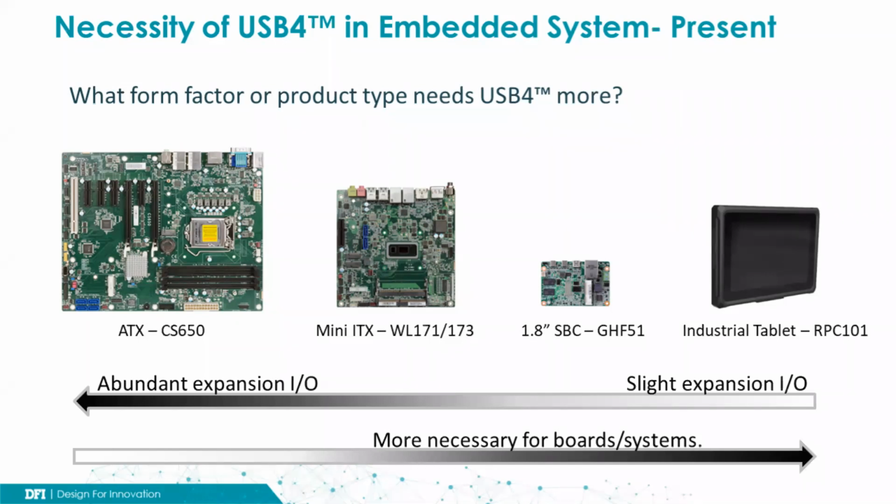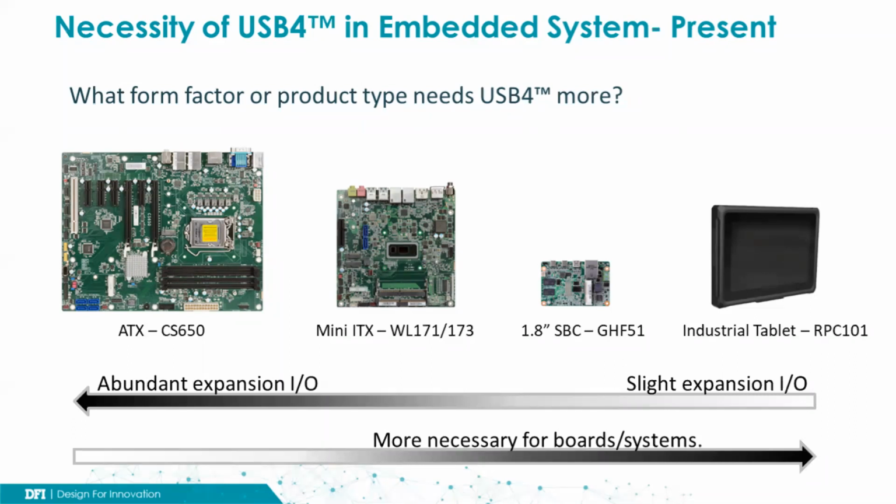In conclusion, it's hard to determine whether USB4 is necessary in different product types. It also relates to cost issues that cannot be ignored. Besides, I put a DFI industrial tablet on this slide because, according to market conditions, thinner and lighter are important to mobile devices.